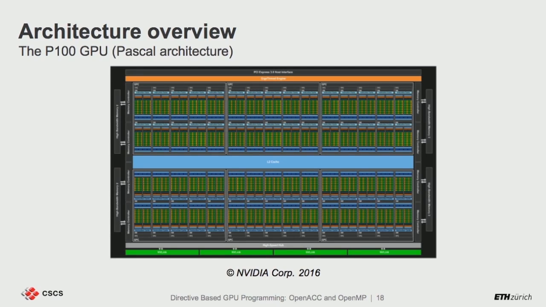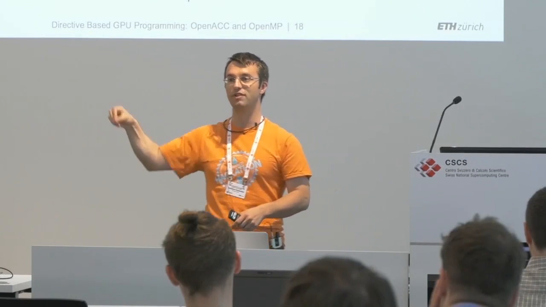And you can see the memory controllers on the right and on the left. And the green boxes on the bottom are the so-called NVLinks. These are high-performance links with which you can link multiple GPUs together. So now you can see that we have another direction of parallelism. We don't have just parallelism across nodes, but we may have parallelism on the same node among different GPUs.